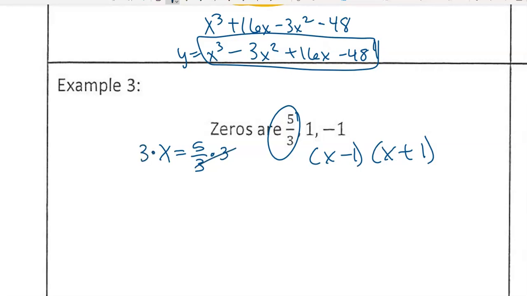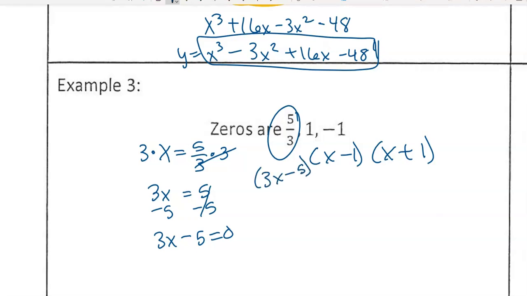We start by undoing the denominator, and now we need to subtract the 5 so that we can have 0. 3x minus 5 equals 0. So our factor here is 3x minus 5. Now that we have everything set up, we can go ahead and multiply it out. Let's start with the matching parentheses first.